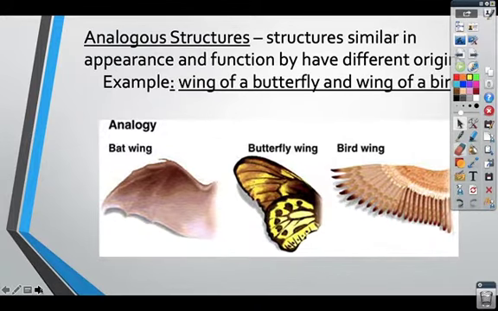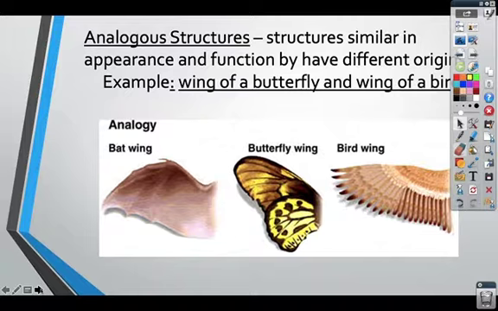All right, the next type of structure that we look at when we do comparative anatomy are analogous structures. Again, the definition is the same as the earlier slide. Analogous structures may look alike, so the bat wing, the bird wing, the butterfly wing, they're all wings, they are all used for flight, but they have different origins.